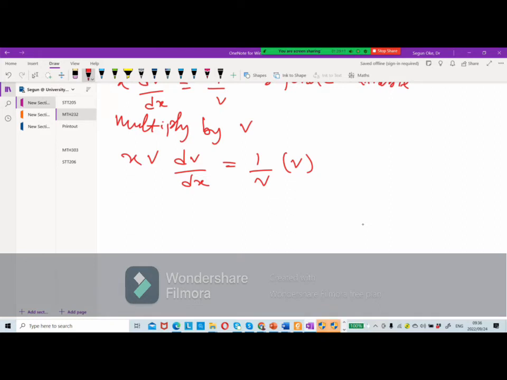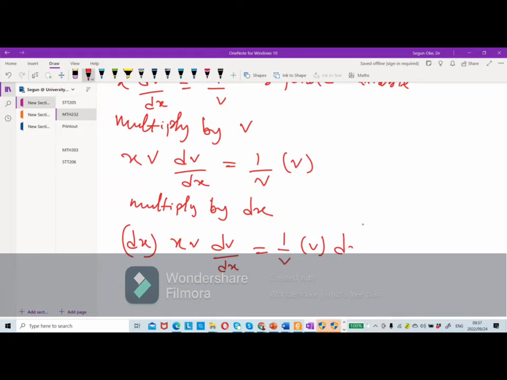Then we multiply again by the x. So we have the x in brackets, xv dv dx equals 1 over v in brackets v dx.